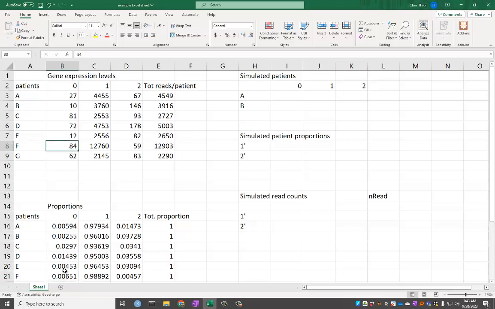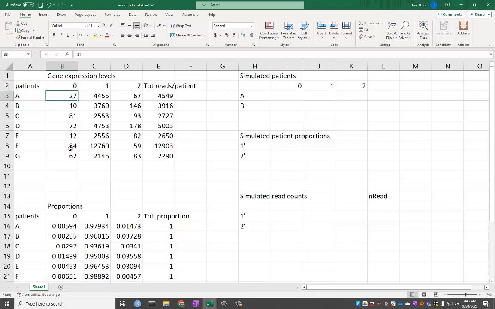In fact, the proportion here is comparable to the proportion for A, even though this is more than 3 times as high as that. So the problem is that this exceptionally high read for gene 1 has messed up the read for gene 0.